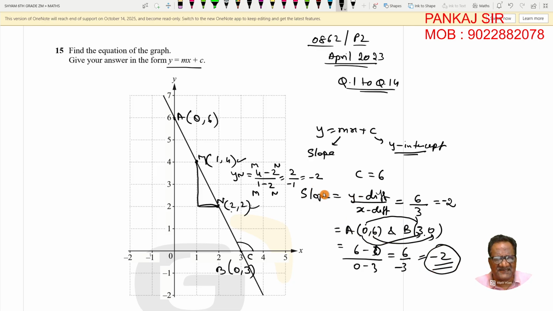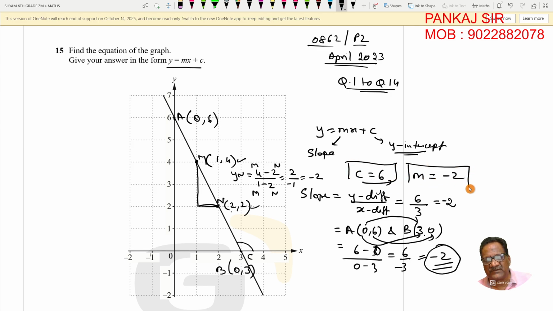This is a silly mistake that most students make. Sometimes they don't understand the concept and make this mistake. Anyway, from this we came to know that the y intercept C is 6 and the slope M is minus 2.